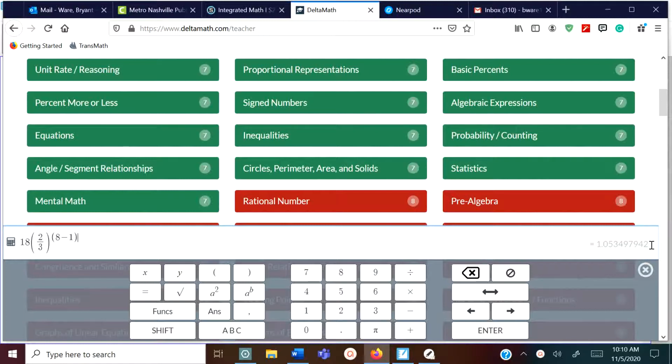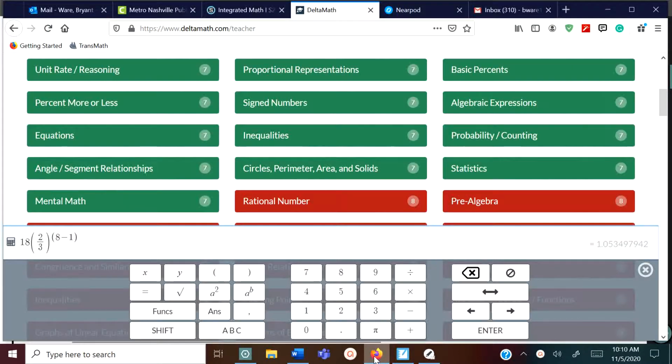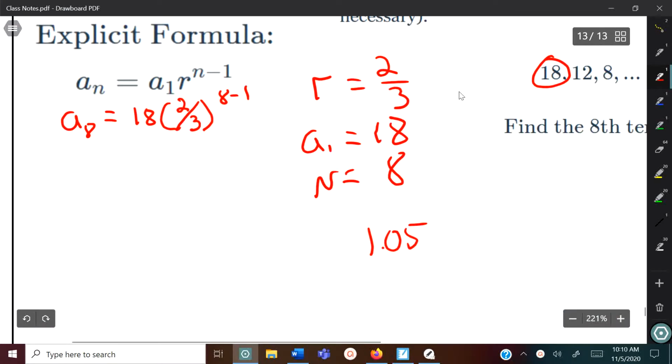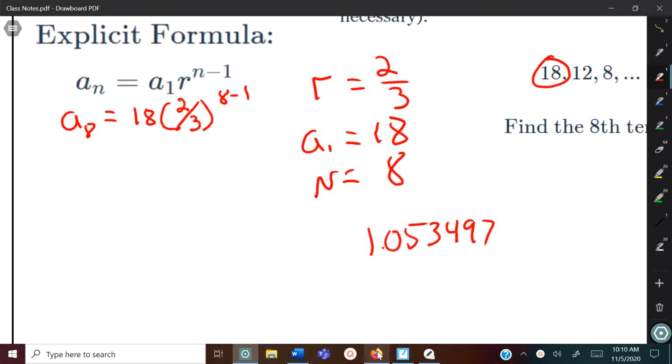But I'm going to go ahead and round it to the nearest thousandth. All of these are to the thousandths. Matter of fact, let me write it out: 1.053497942.